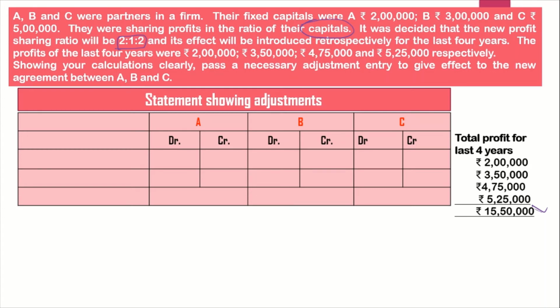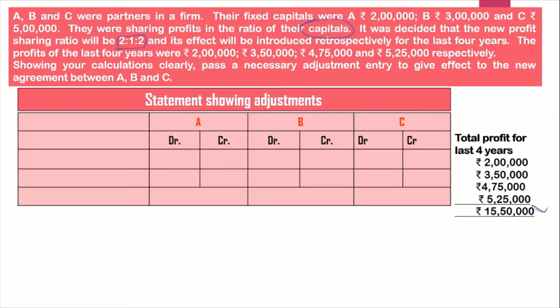So 15 lakh 50,000 is the total amount which I need to correct. This is wrongly distributed in their capital ratio. Let's check out the capital ratio: 2 is to 3 is to 5. This is the wrong ratio. I'm going to cancel this profit by reversing, by debiting it. And again I'll distribute the same profit in the correct ratio.